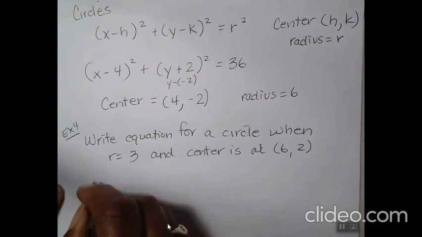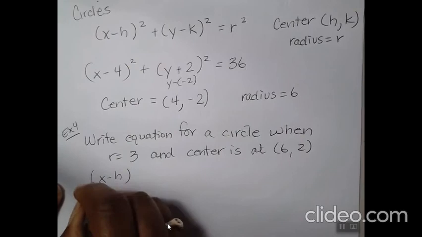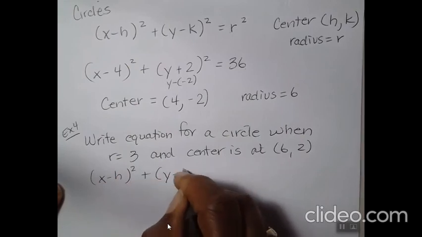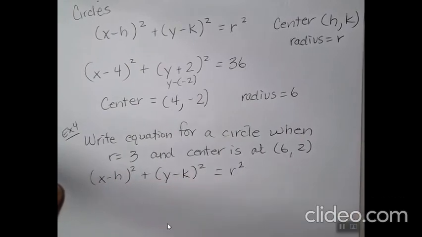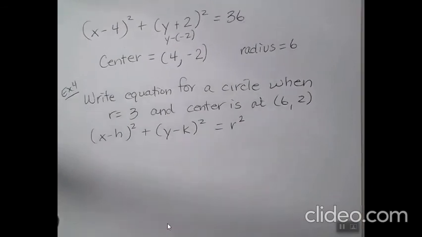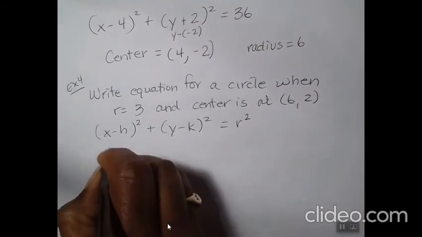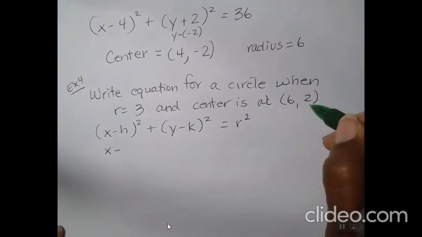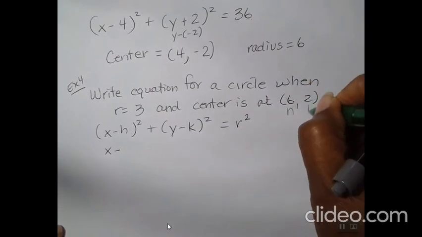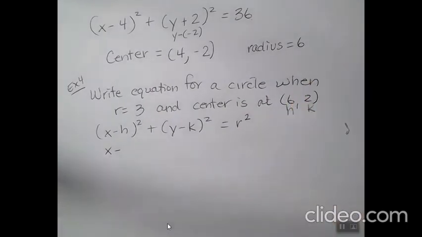Well, according to our formula, (x - h)² + (y - k)² = r². Let's fill in what we know. We have x minus, the center, this is the h, this is the k.